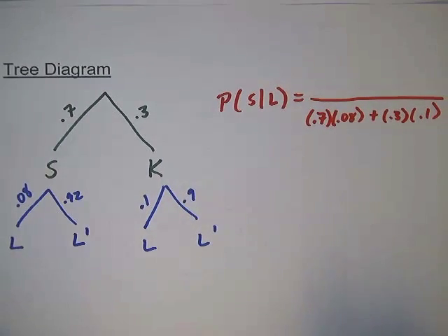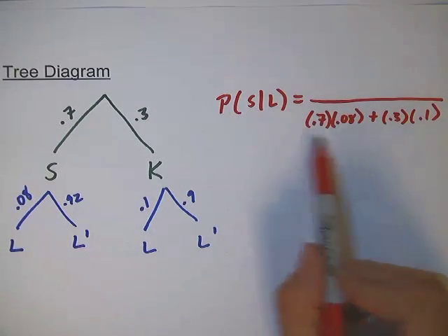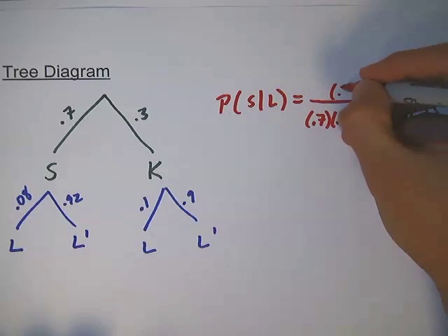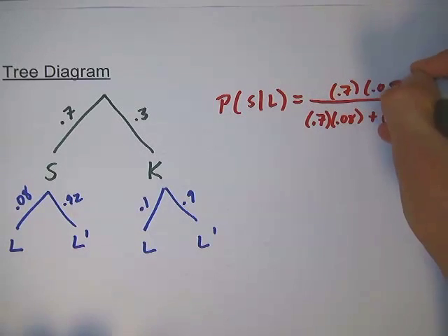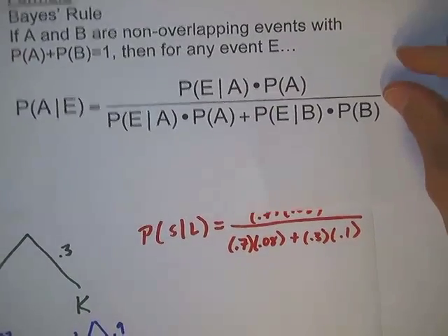Then on the top of the fraction, we need the probability of Speedy and late. Well, that's the same as this probability here, so this is 0.7 times 0.08. That actually matches our formula pretty well.